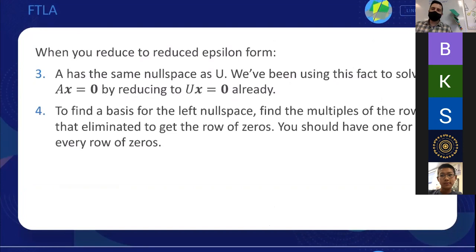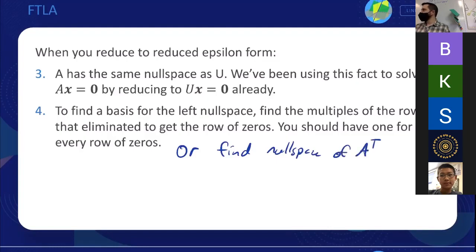And then for the left null space, I would keep track of the multiples of rows that eliminated to give you rows of zeros. Every row of zeros you have, you should have a vector that gave you that row of zeros. Or find the null space of the transpose of A. Literally transpose A, find the free variables, set them equal to 1s and 0s.